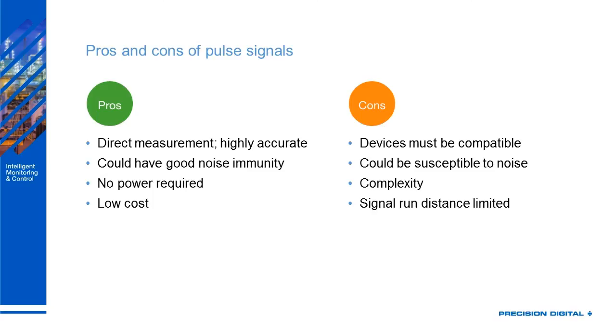You're basically running a giant antenna if you decide to run a long wire, and that's going to pick up a lot of noise on your system, which is going to cause you problems because your receivers are going to have difficulty reading what is going on with your pulses when there's a noise signal riding on top of it. You run the risk that your highs are going to either be pushed down below the threshold or that false highs are going to be generated, and the same for the low signals. So you really need to be wary of noise, and one of the best ways you can reduce that is to keep your signal run distances very short.